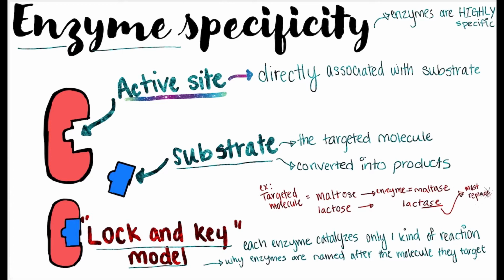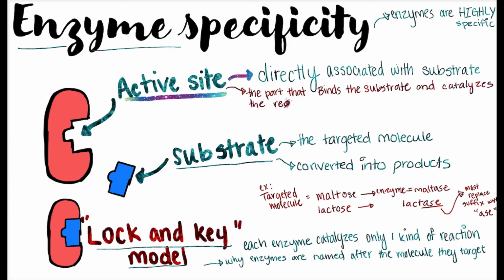So most of the time, the suffix from your targeted molecule is replaced with ASE, and that's the name of the enzyme that works with that substrate. You also have to understand that the active site is the location that binds the substrate and catalyzes your reaction.